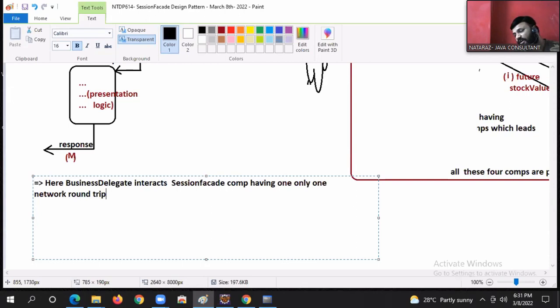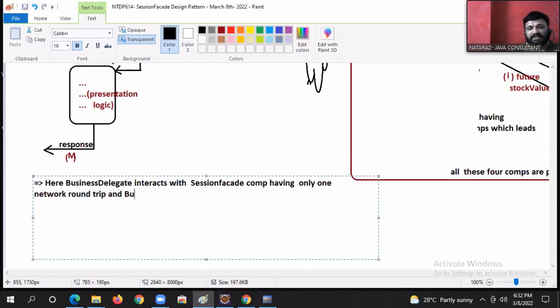Only 1 network round trip. Are you understanding my statement, guys? Here, the business delegate interacts with the SessionFacade component having only one network round trip. Clear, guys?